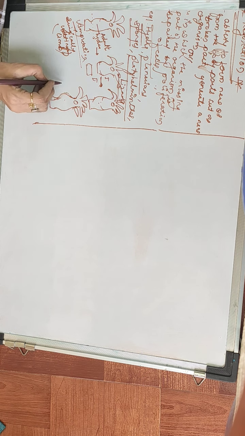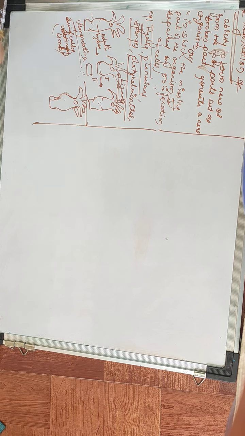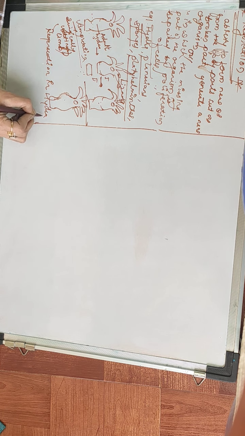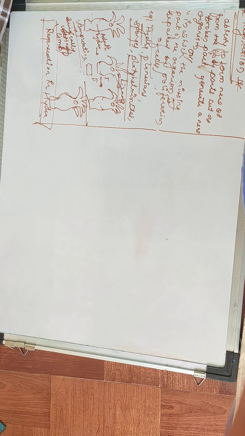It's nothing but, from the two different parts, two new organisms are formed. That is called regeneration in Hydra. Okay, fine. Now the next process is known as spore formation.